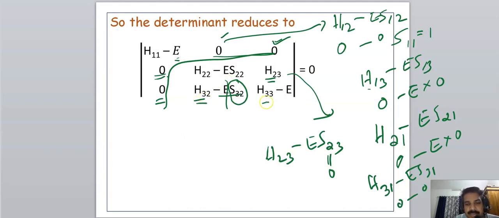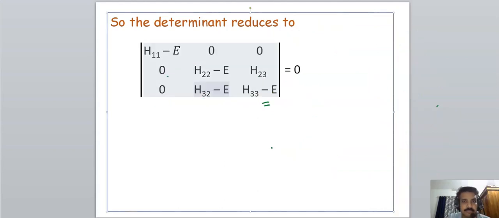Here H33 minus ES33, but S33 is equal to 1, therefore it is H33 minus E. So this was the equation. Okay, so this equation reduces in this form: H11 minus E, 0, 0, 0, 0.